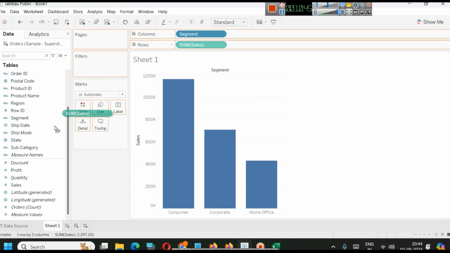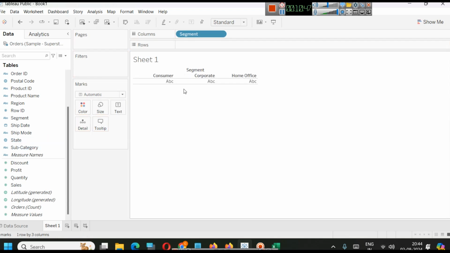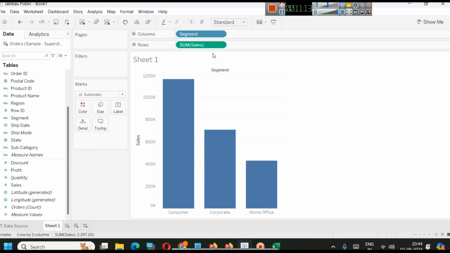When there is a nominal variable, you have already selected only distinct values, so you have to group the data. Consumer is one group, corporate is one group, and when there is a group, in order to analyze a numerical variable you will put a value, and then this value will be aggregated.